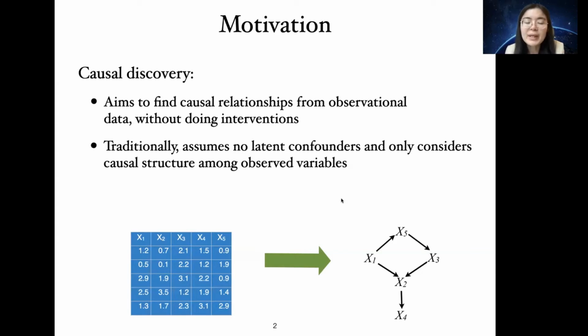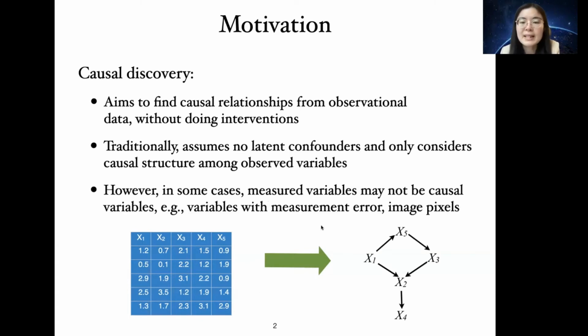Traditionally, most classical approaches in causal discovery only consider causal structure among the observed variables and assume there are no latent variables. I believe you have already learned a lot from Professor Kun's lecture on learning the causal structure between observed variables.